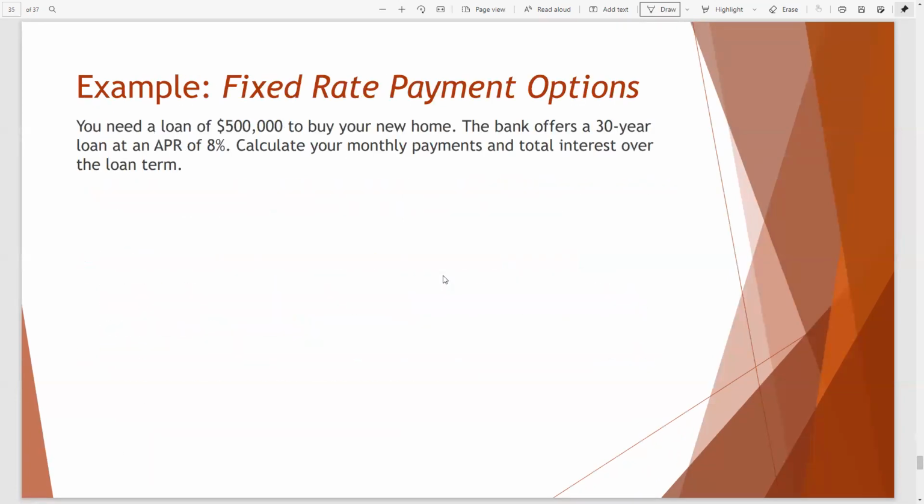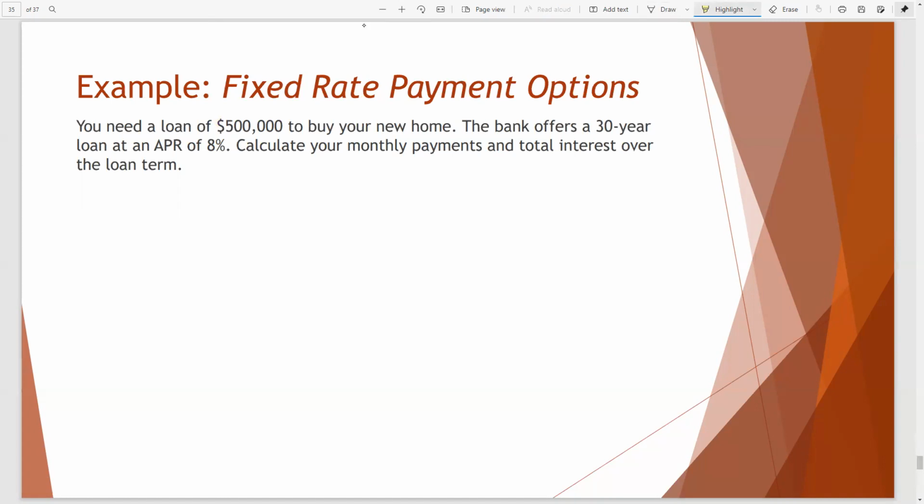Okay, so we have this question about the fixed rate monthly payment. So similar, just the same formula we have, since with the loan also compound interest applies, and you're usually making monthly payments. The term is longer for the loan, like 30 years or 15 years usually for a home mortgage.